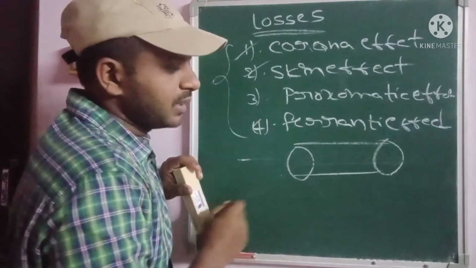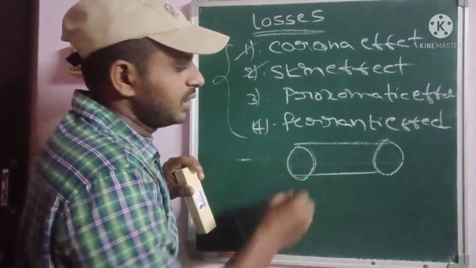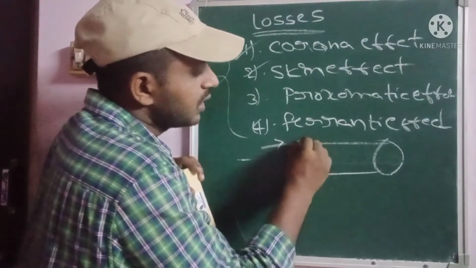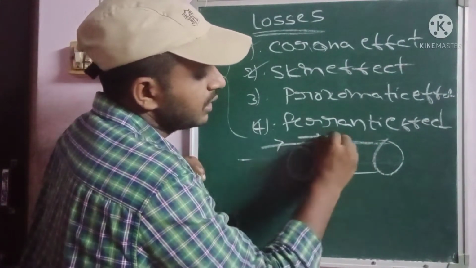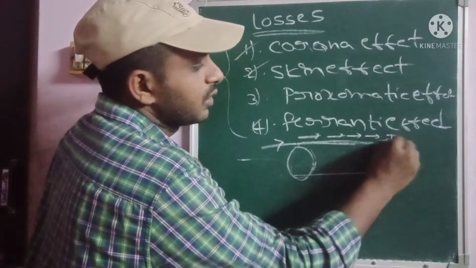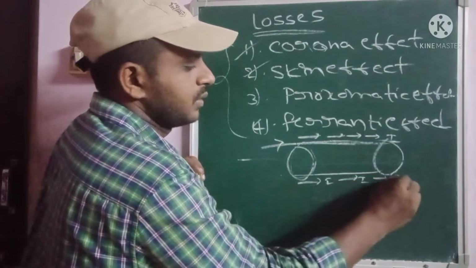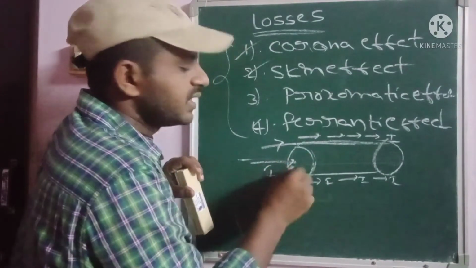The conductor has some diameter and some cross-sectional area, but the current flows only on its surface. Inside the conductor there is no current flowing.